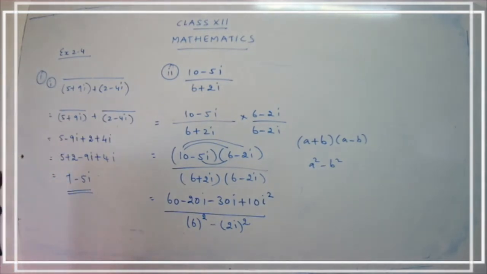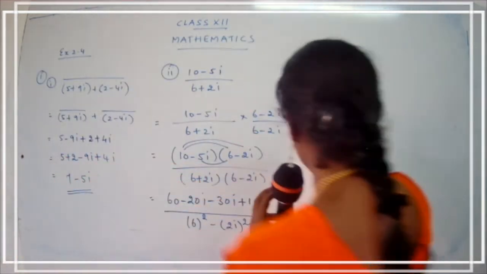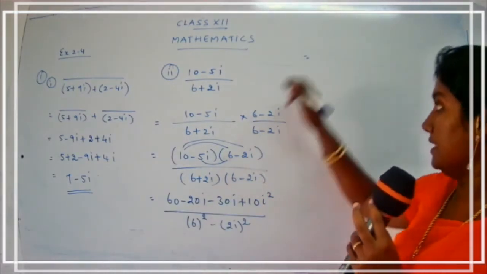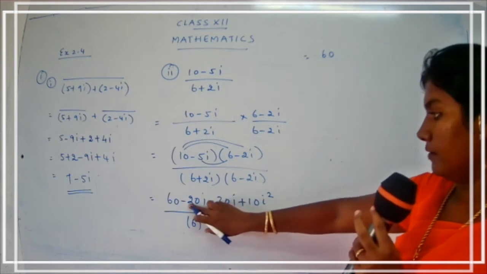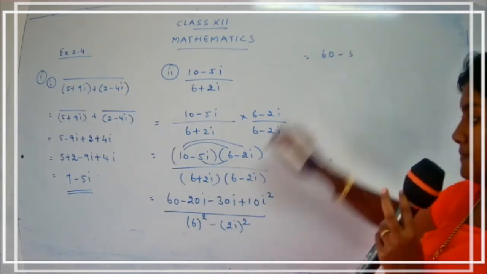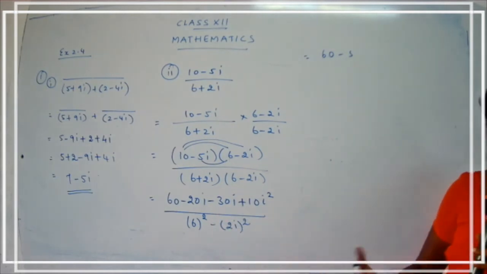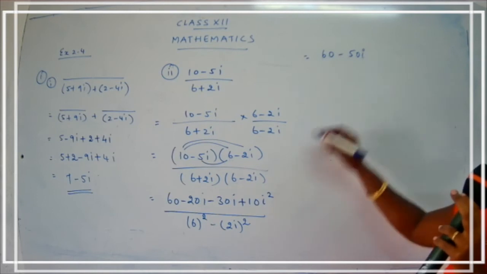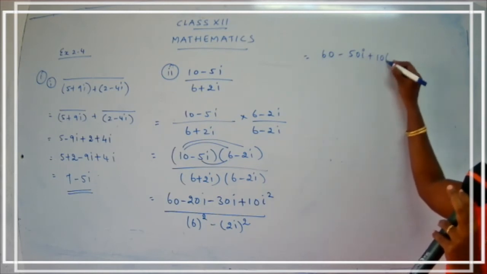Clear, children? Now let's proceed with the sum. So what do you get here? 60, minus 20i minus 30i. So minus 20 minus 30 gives you minus 50i, plus 10 into i square, which is minus 1.